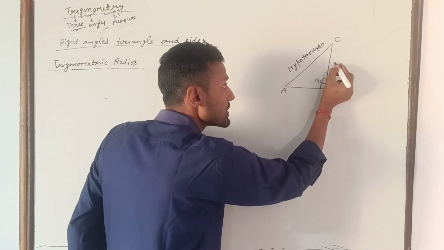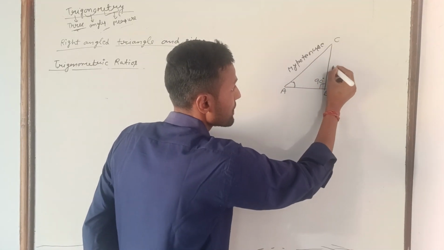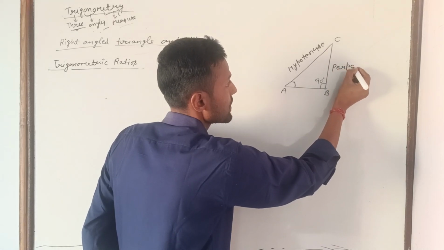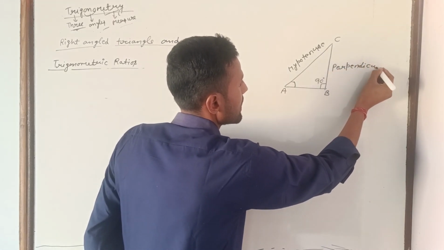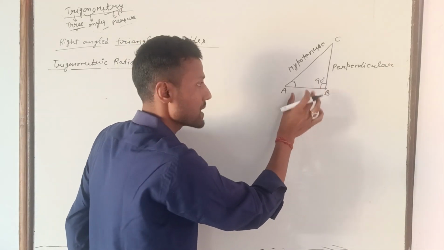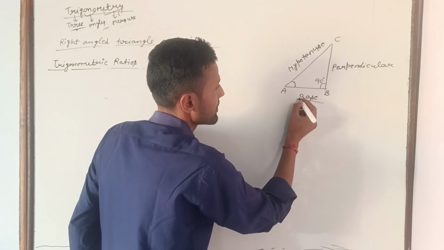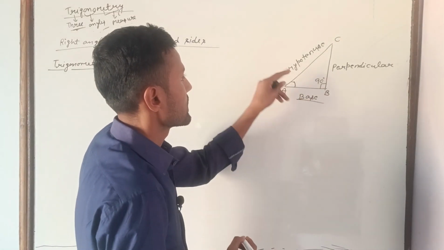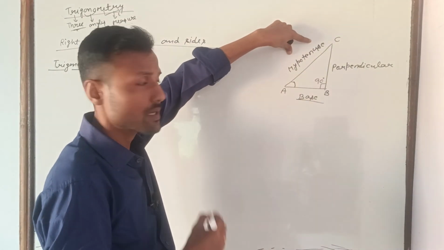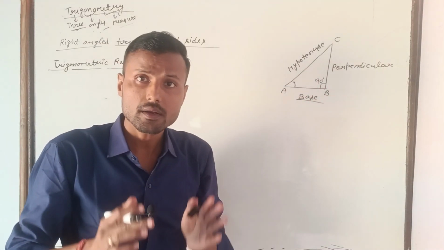The side opposite to the angle we are talking about is called the perpendicular. And the remaining side is the base. First remember this thing: the hypotenuse is the longest side in a right angled triangle.